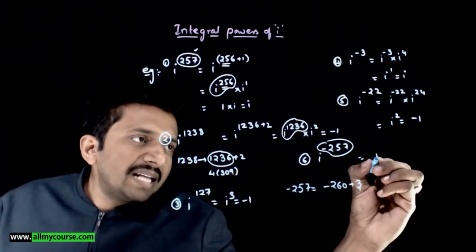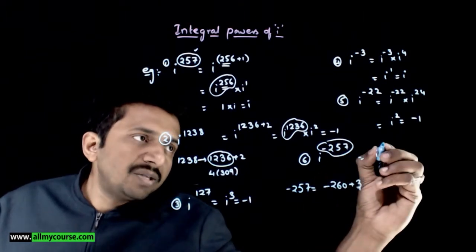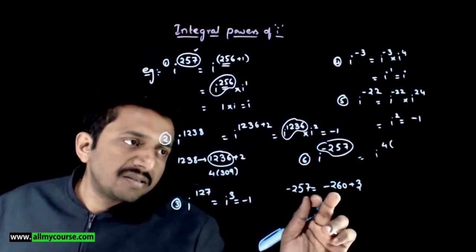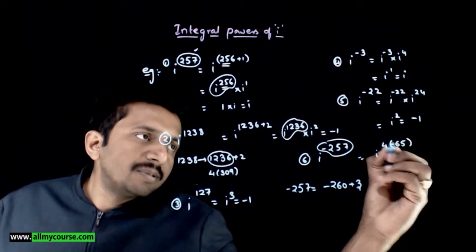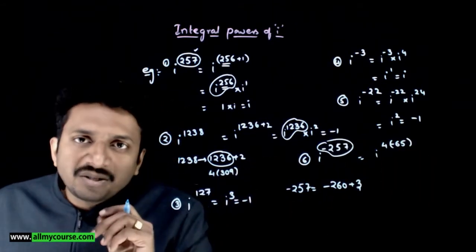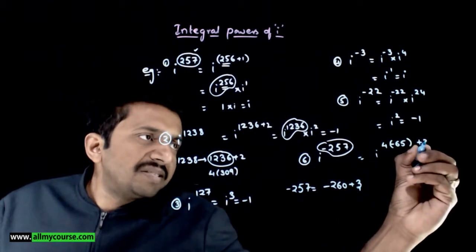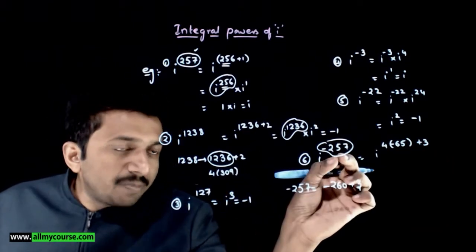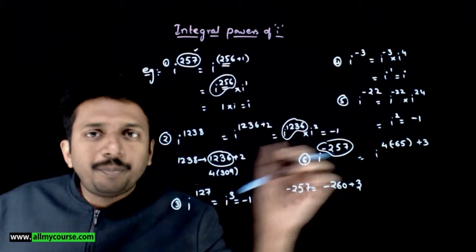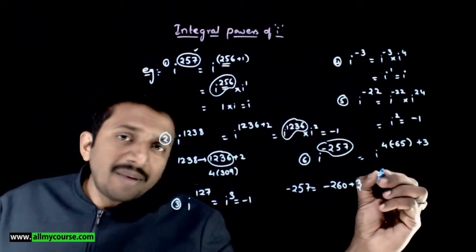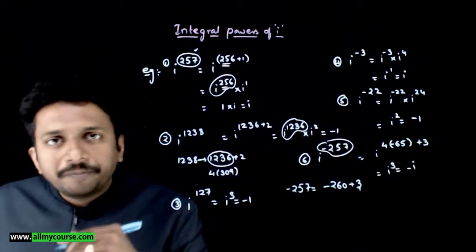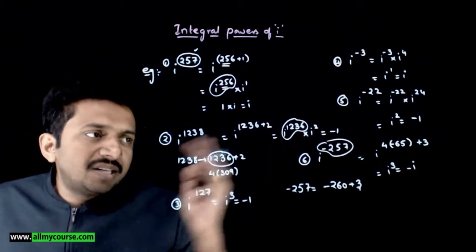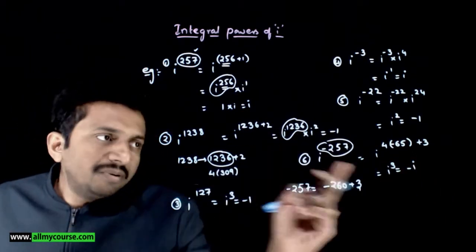So this can be written as i power minus 260, which is 4 times minus 65, plus 3. So this power is of the form 4n plus 3. So that is same as i cube, which is equal to minus i. So i power minus 257 will be equal to minus i.